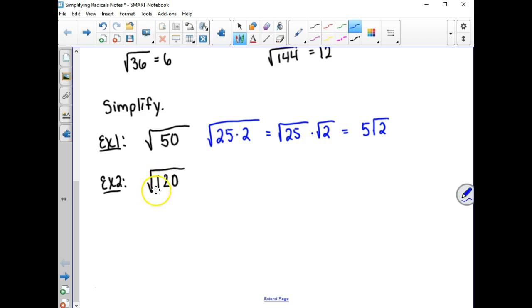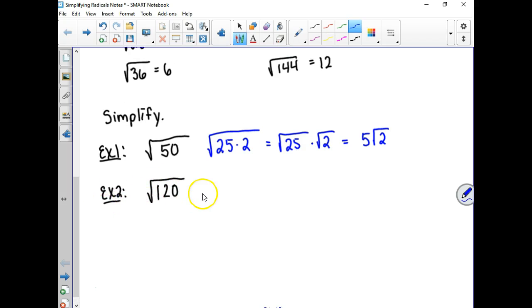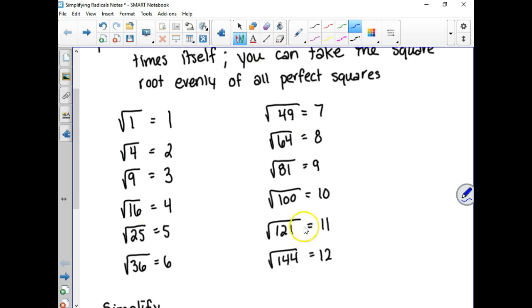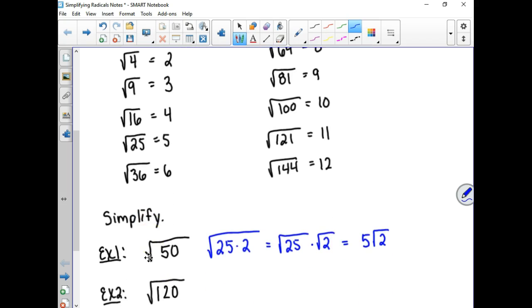We could here break up 120 to be 12 times 10, but 12 is not a perfect square and 10 is not a perfect square, so that does not help us any. So we're going to look at all these numbers and try to find a number that we could multiply with something else to get 120. I know that 4 will go into 120, so I could write this as 4 times 30. 4 times 30 gives me 120.